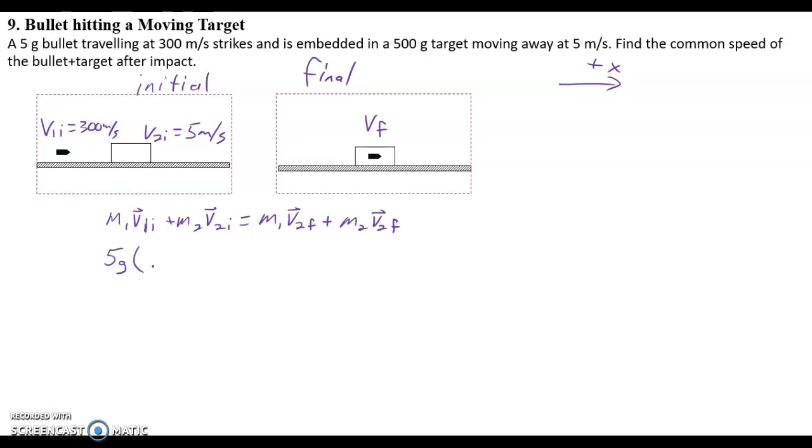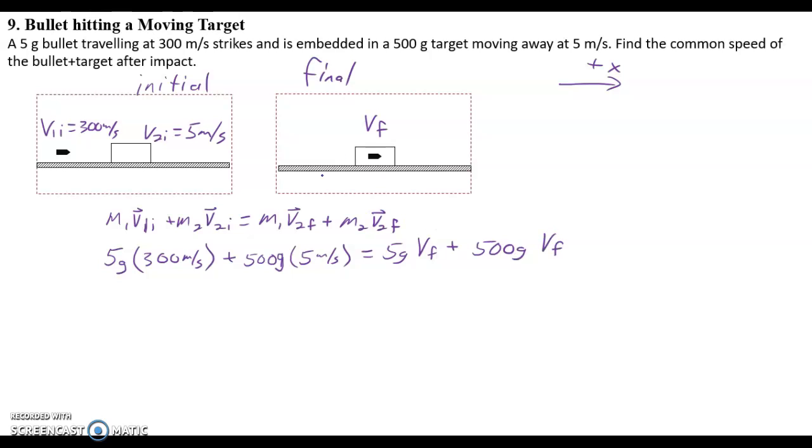5 grams. Notice I'm putting in the values of mass in grams this time. And I want you to see that it works out okay. This time, the initial velocity is not 0, so we have to make sure we enter it here as well. There's a positive value. 5 grams times VF plus 500 grams times VF.